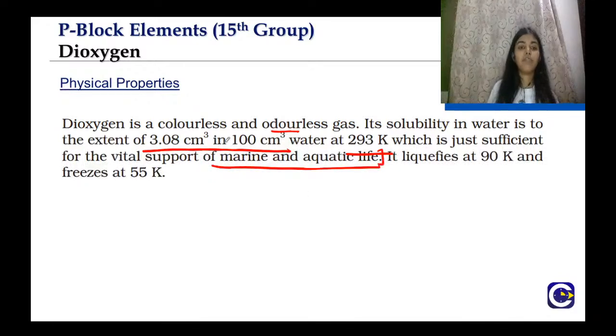Oxygen is soluble in water to some extent, not to a greater extent, and that is why marine or aquatic life can breathe under water, right. It liquefies at 90 Kelvin and the freezing point of dioxygen is 55 Kelvin.